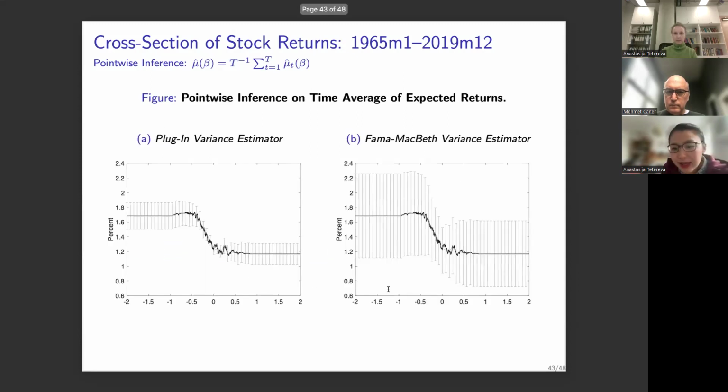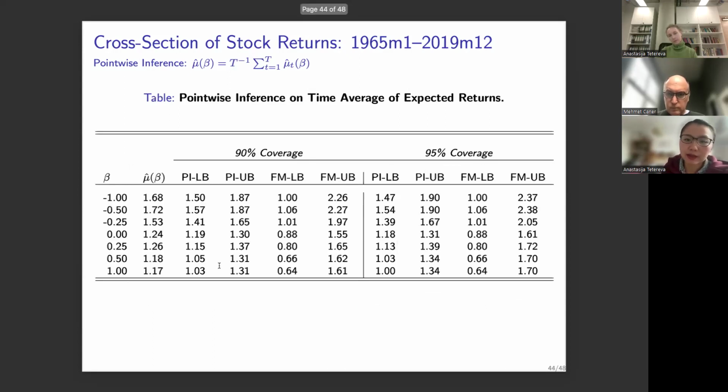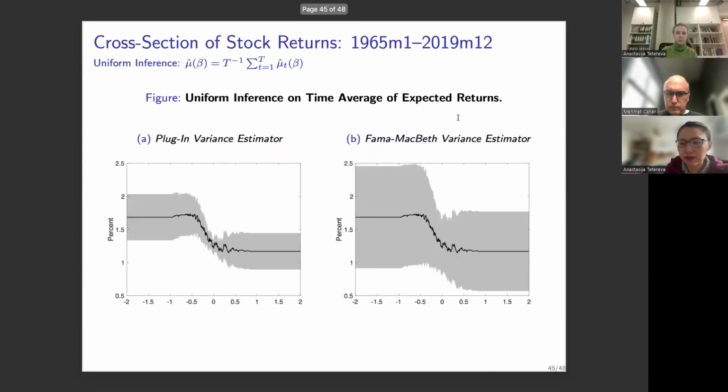Again, we are not saying that we're better than Fama-MacBeth or that Fama-MacBeth is wrong, because this is a confidence interval and this is a prediction interval, as was stated. We also report the pointwise inference on the time average of the expected returns, and it's strictly the same as the uniform confidence bands produced.